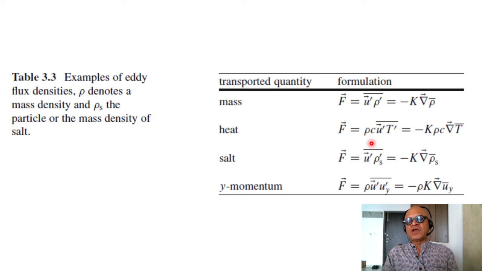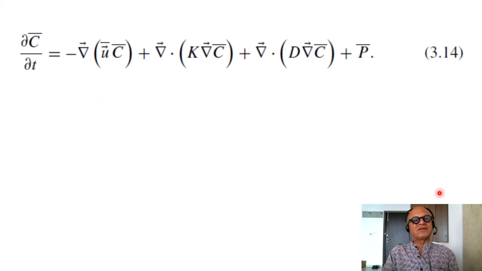Similarly, for heat, we are talking about eddy diffusivity of heat, which becomes minus k rho c grad T bar, and for salt, similarly minus k grad rho bar s, and the y momentum is minus rho k grad u bar y, where u bar y is the current in winds or ocean currents in the meridional direction.